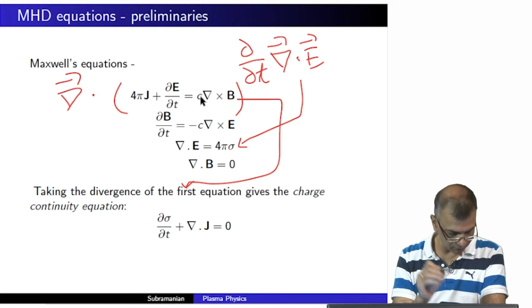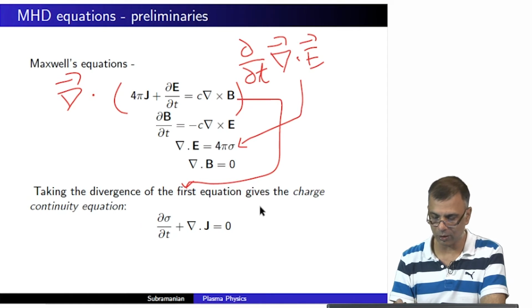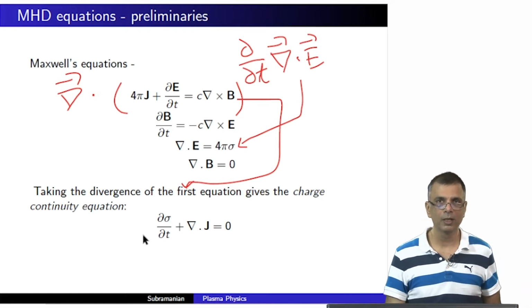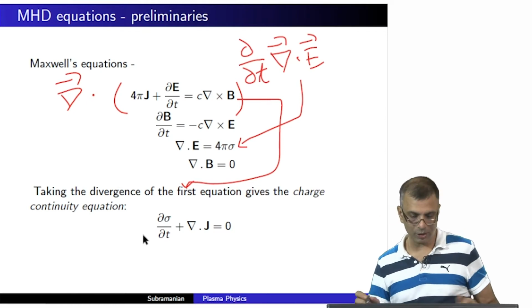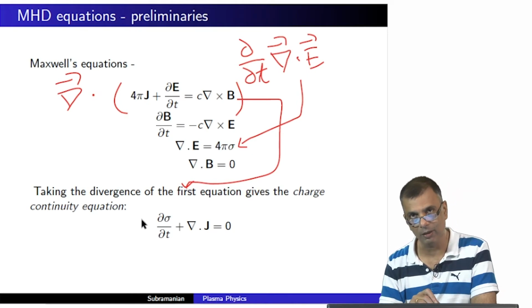So, taken together, taking the divergence of the first equation gives you what is called the charge continuity equation, okay, which you are familiar with from basic electrodynamics. This is essentially saying that the divergence of the current density is equal to the negative time derivative of the charge density. Okay.